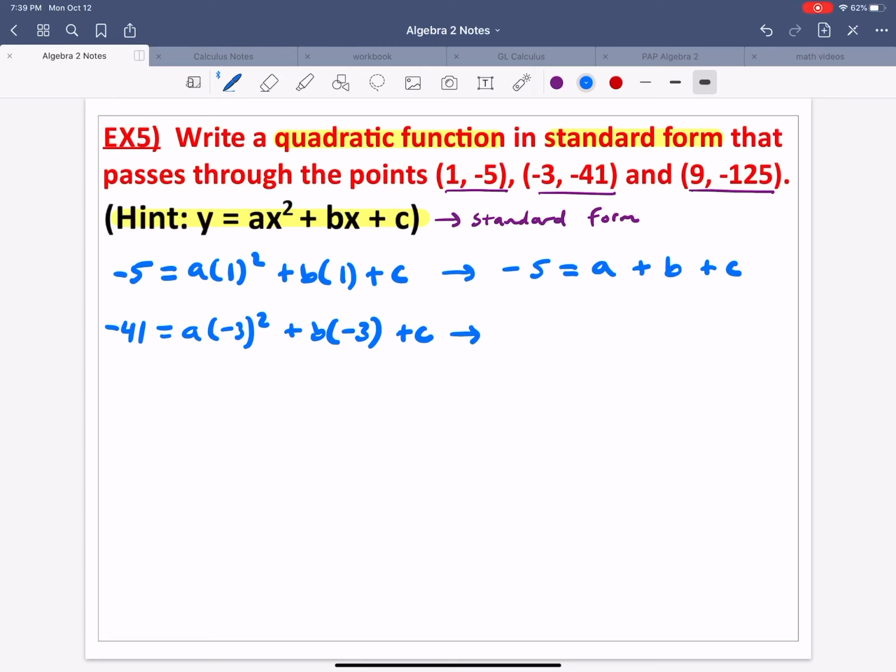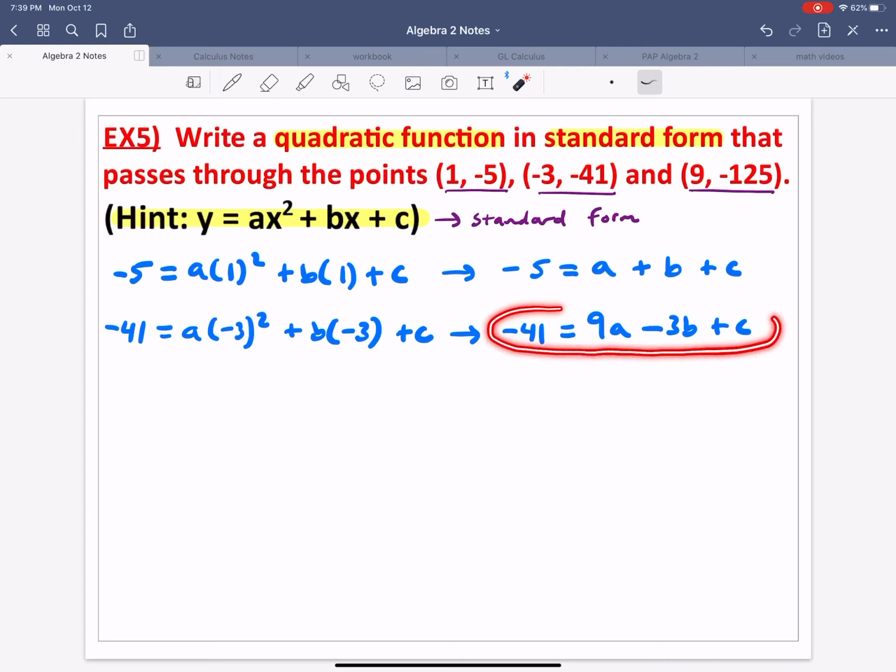So then we go through and clean this up. I get -41 equals 9a minus 3b plus c. And looky there, now we have a second equation with a, b, and c. So you probably guessed what we're going to do next. Next, we're going to take this third point.